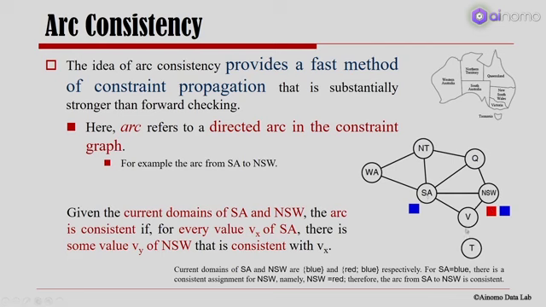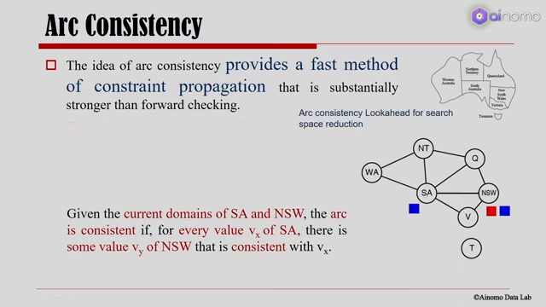Whereas, if I am looking for arc consistency from NSW to SA, if I pick red, I could have a legal value blue here, but if I pick blue, I do not have a legal value in SA. Therefore, the arc from SA to NSW is consistent, whereas NSW to SA is not. All that arc consistency tells me is that I have a consistent arc from SA to NSW.